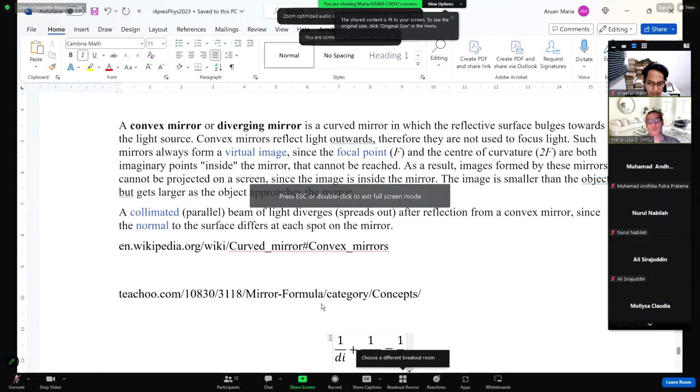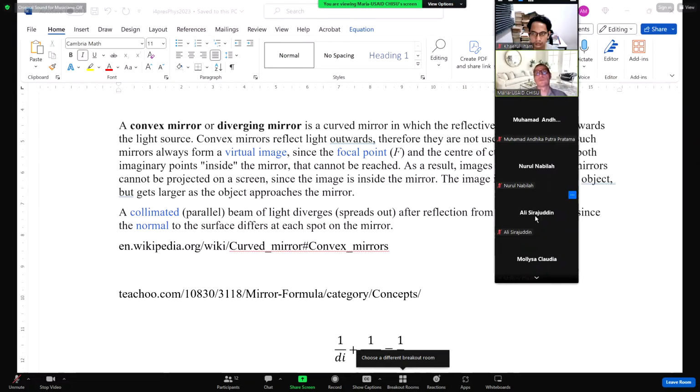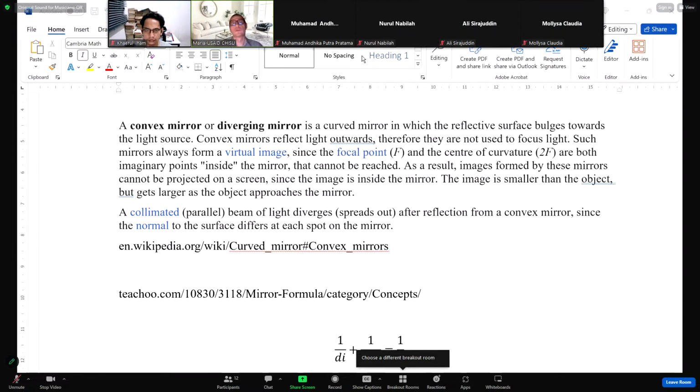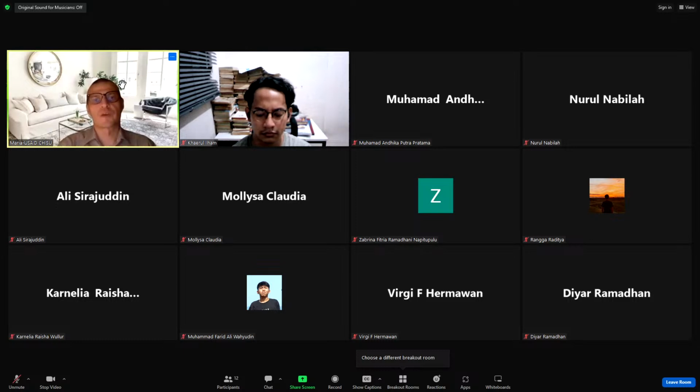Let me show you what a convex mirror looks like, in case you forgot. There we go, convex mirror. Okay. So this is a convex mirror.